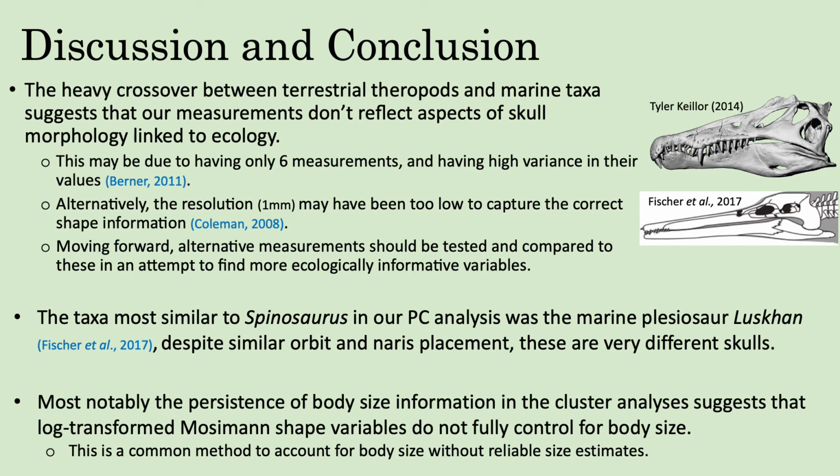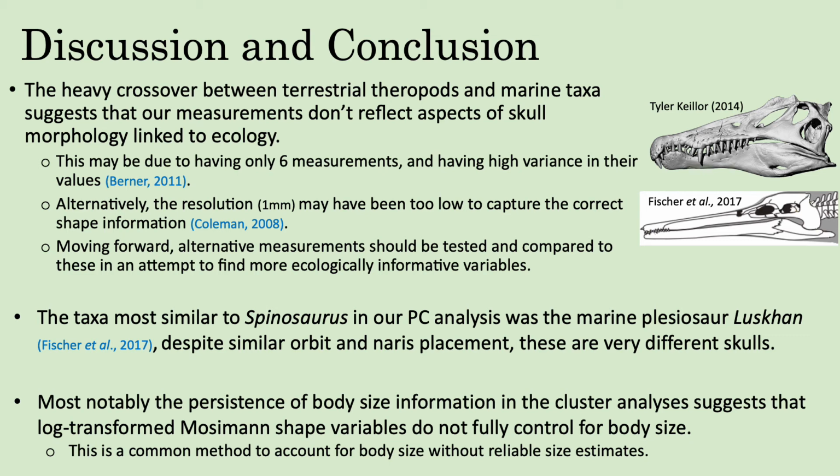In our analyses, the taxa most similar to Spinosaurus at the top was the marine plesiosaur Lusonectes at the bottom. Despite similar orbit and nostril placement, they have very different skulls and would have been eating very different food and hunting in different ways.